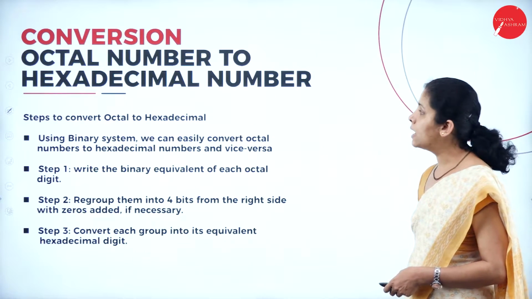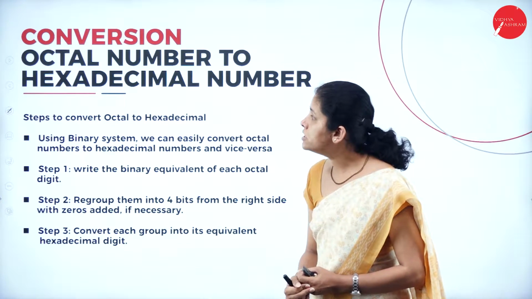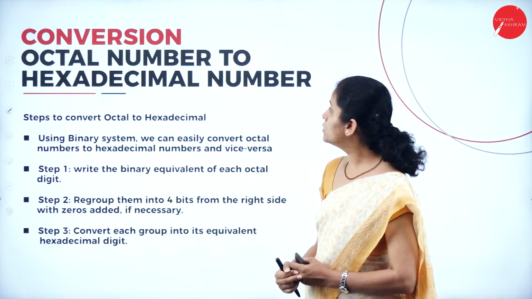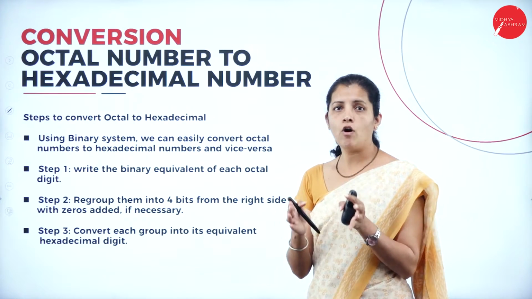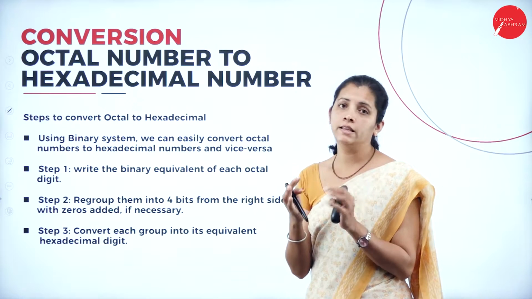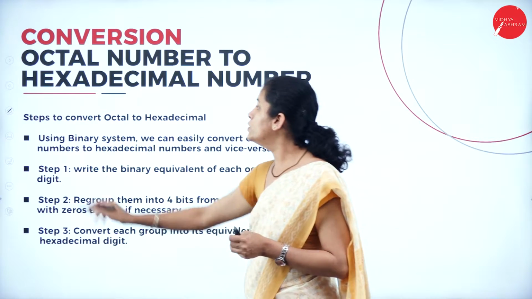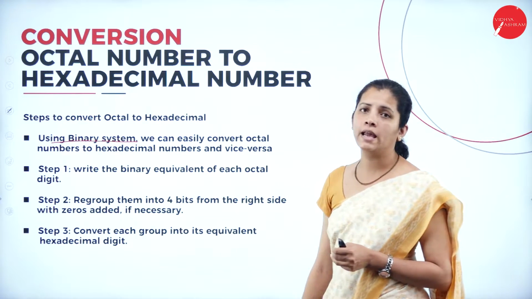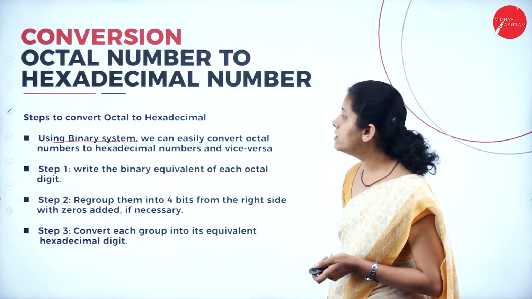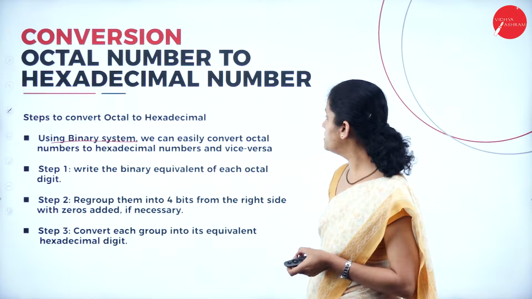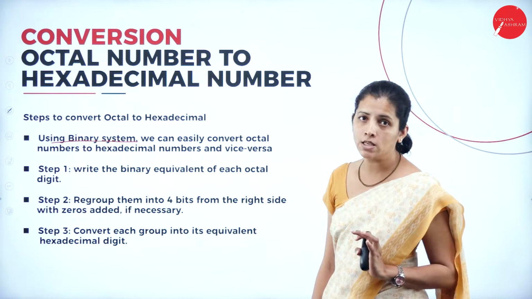Moving further, I am going to have the conversion from octal number to hexadecimal. I have an octal number and I want to convert it to a hexadecimal number. Using the binary system, we can very easily convert octal numbers to hexadecimal numbers as well as vice versa.